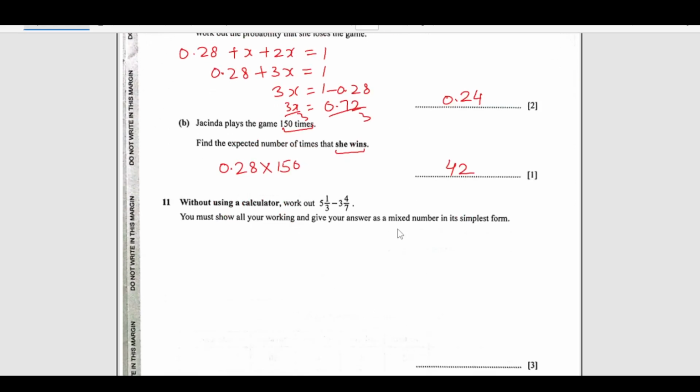Okay. Now next one, here we have: without using a calculator, work out 5 1/3 minus 3 4/7, right. You must show all your working and give your answer as a mixed number in its simplest form. So you must read all the instructions so that you don't miss out anything. 5 times 3 is 15 plus 1, it is 16 over 3, minus 3 times 7 is 21 plus 4, it is 25 over 7, right.